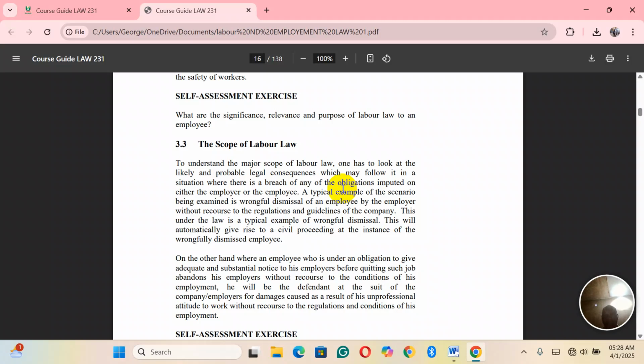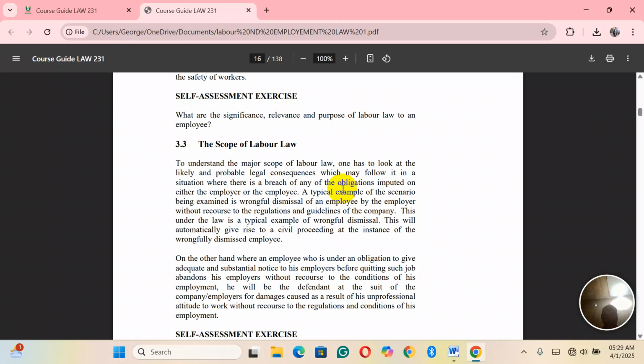A typical example of this scenario is wrongful dismissal of an employee by the employer without recourse to the regulations and guidelines of the company. This, under the law, is a typical example of wrongful dismissal. It will automatically give rise to a civil proceeding at the instance of the wrongfully dismissed employee.